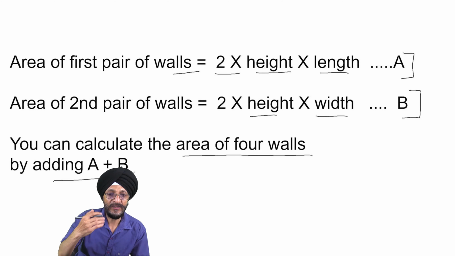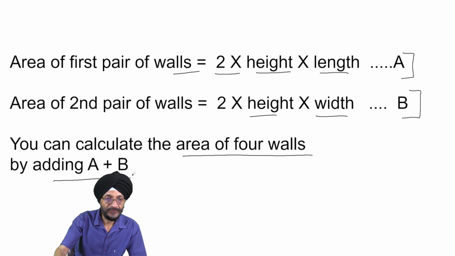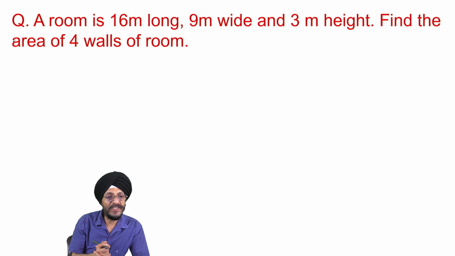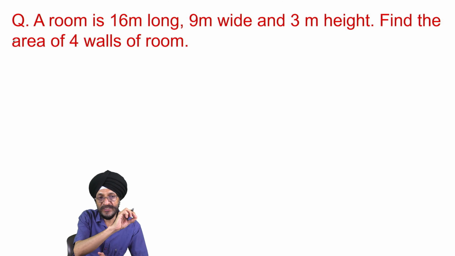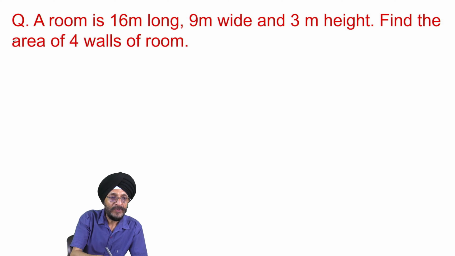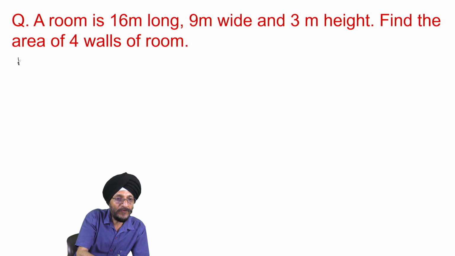We will try to solve an example. Now the question before us is, a room is 16 meter long, 9 meter wide and 3 meter in height, and we are to find the area of four walls of the room.